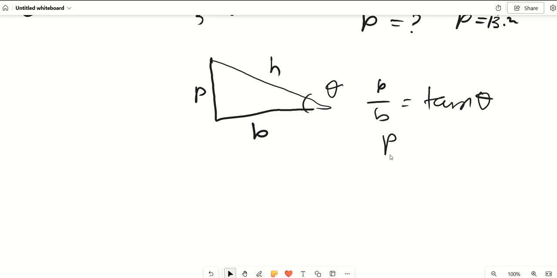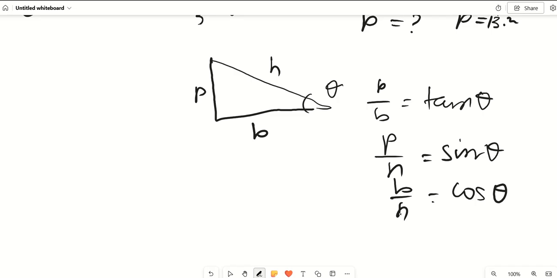P by H equals sin theta. B by H equals cos theta. Okay, and the rest of them are the reverse of these.